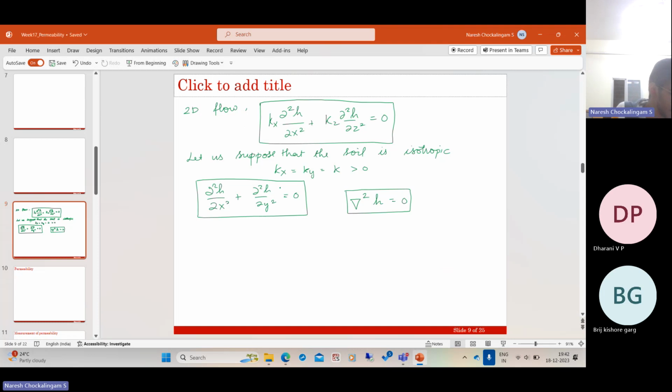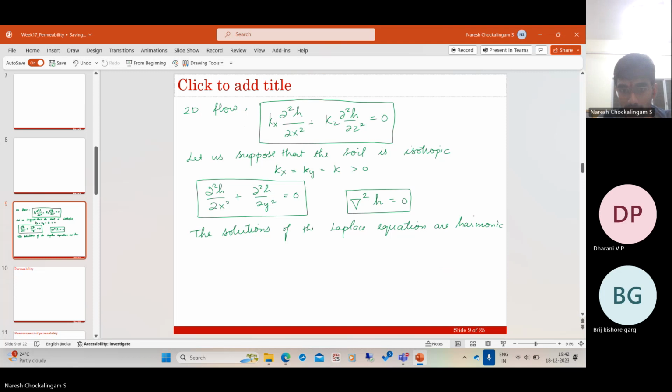Now, to solve the Laplace equation, the solutions of the Laplace equation are called harmonic functions. Right?